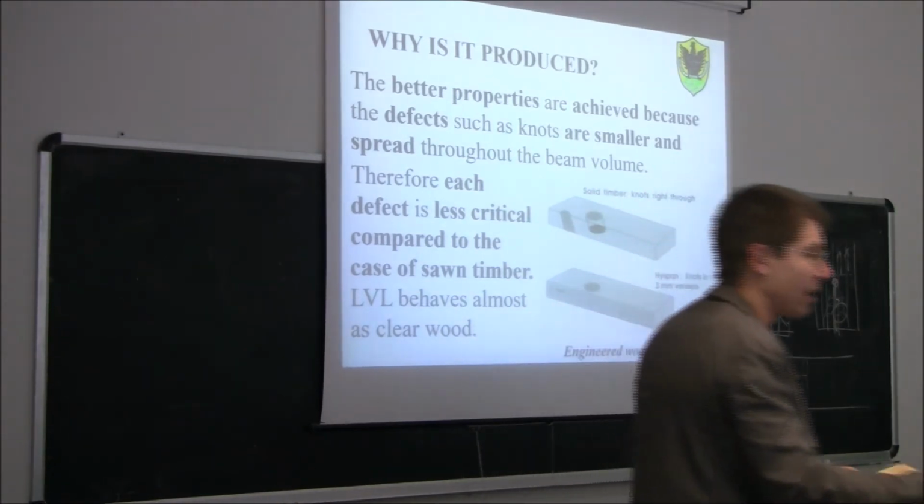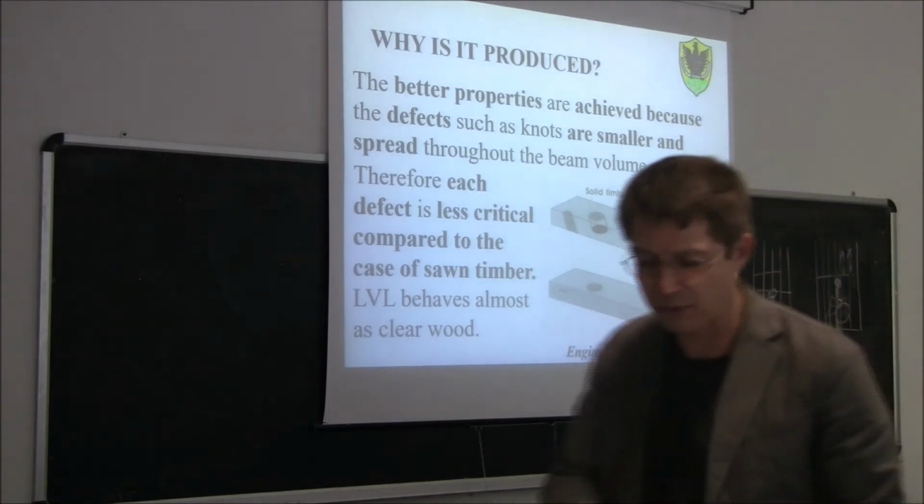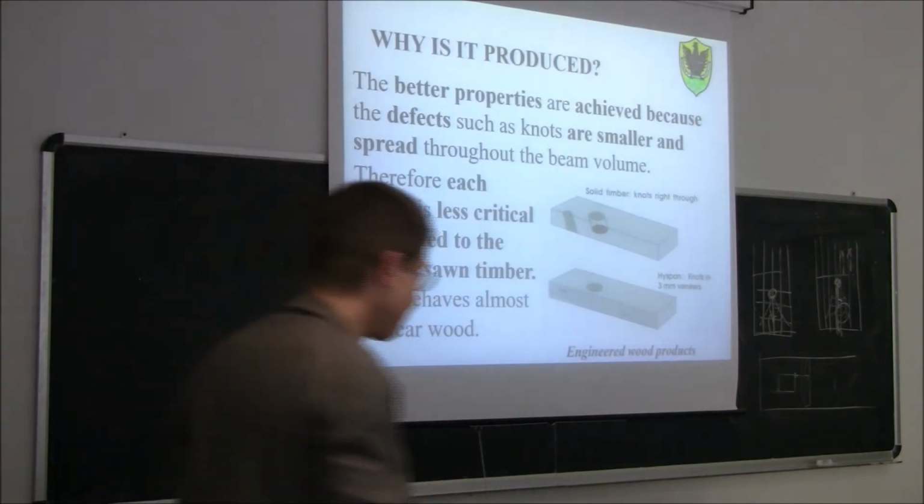And glue is a product that, particularly if you talk with bioarchitects, they don't like to have any glue in the wood that they are using. Of course, glue is also expensive. But again, if you want to maximize the strength, to minimize the effect of the knot, 3 mm is the best thickness. Okay?